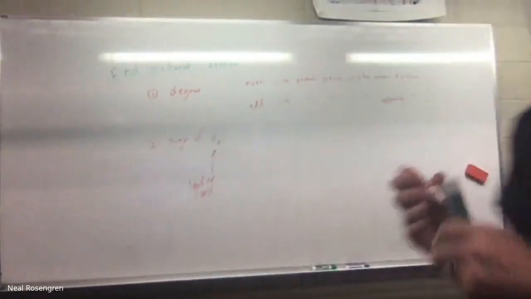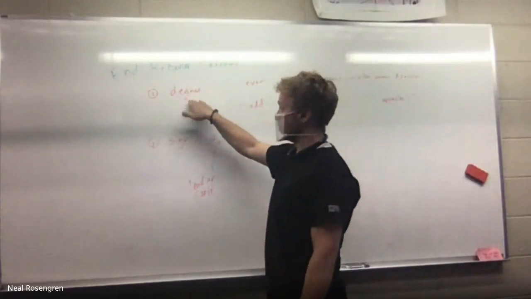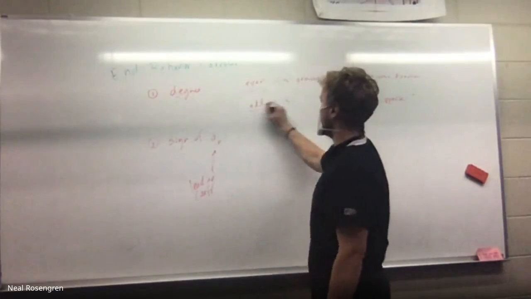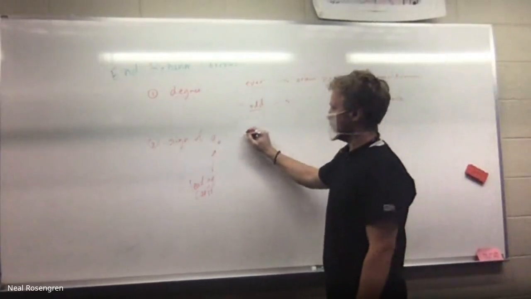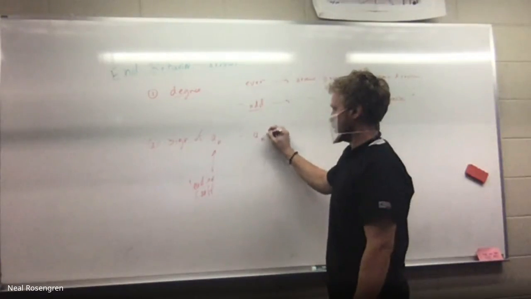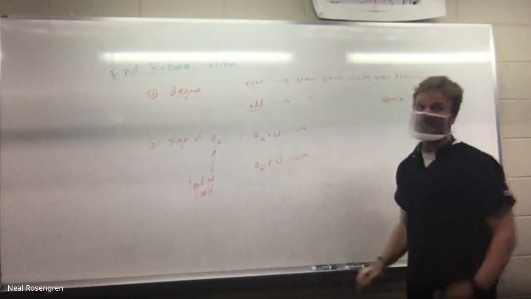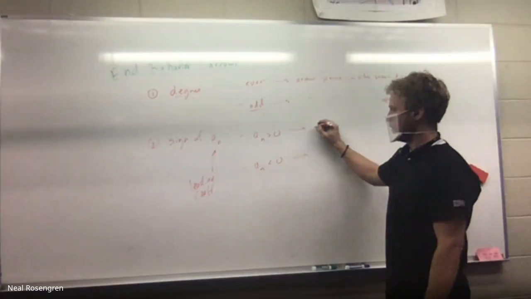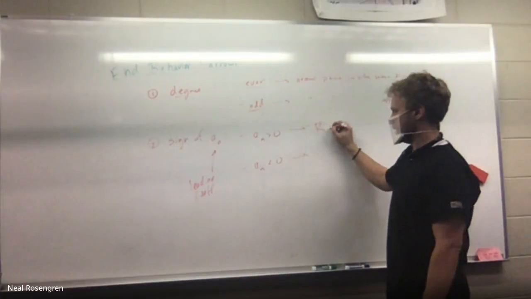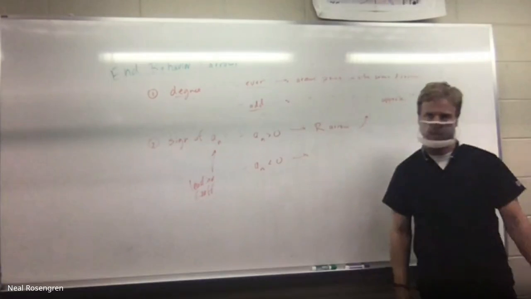There we go. Okay. So, end behavior, your arrows. You got two things that we're going to look at. Your degree, if it's even, or if it's odd. Odd, opposite, odd, opposite. The sign of your leading coefficient, a sub n, could be positive, or negative. If your leading coefficient is positive, then your right arrow is pointing up.